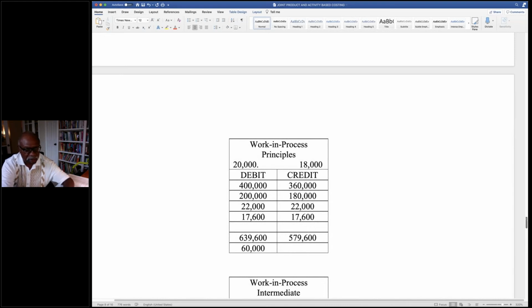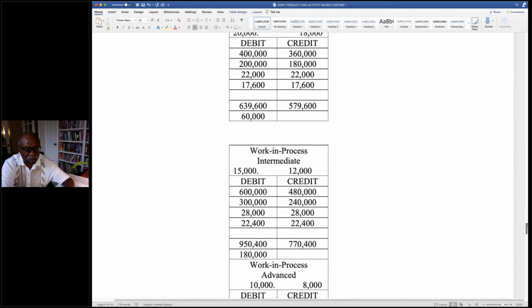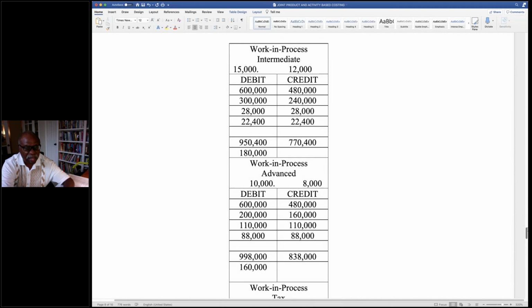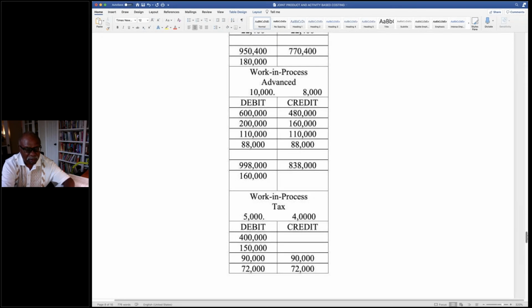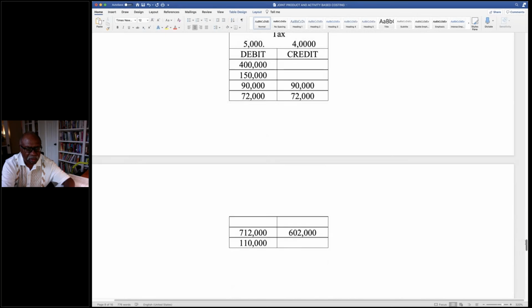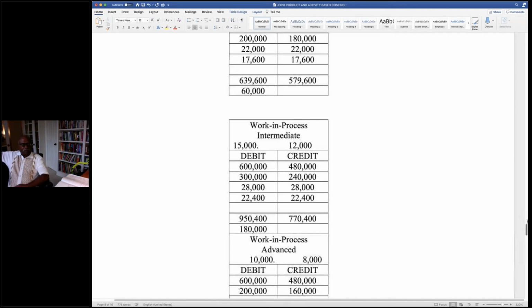Go to intermediate. 770,400. Yeah. Advanced 838. And what was tax? Go down some, get the number in tax that you took out. 602. So put those, go back to your chart.